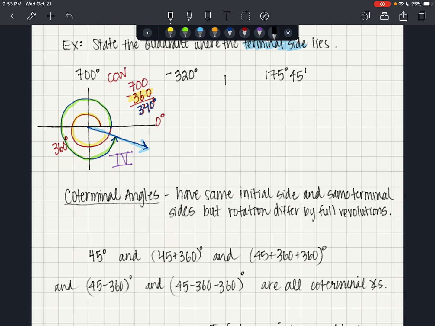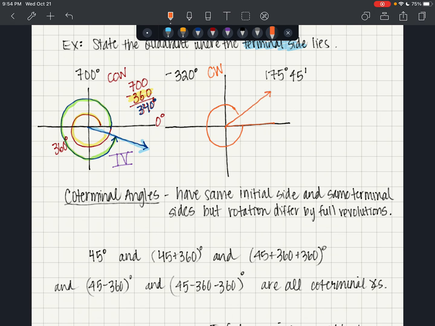Okay, negative 320 degrees is just shy of negative 360, which is a full turn, by 40 degrees. But this time that's a negative turn, so this is going to go clockwise. So we start at the positive x-axis, and we're going to turn clockwise. And I'm going to stop short of 360 degrees by about 40.